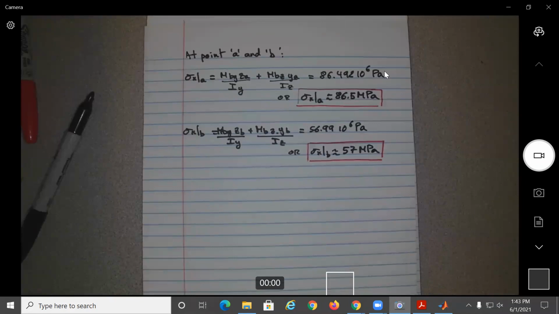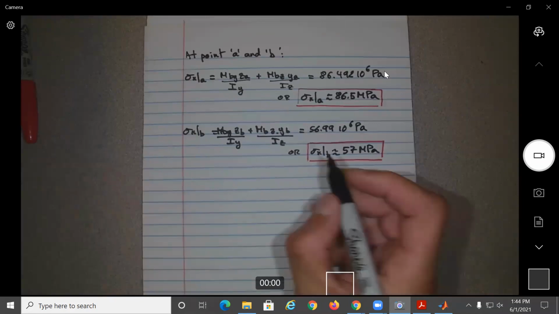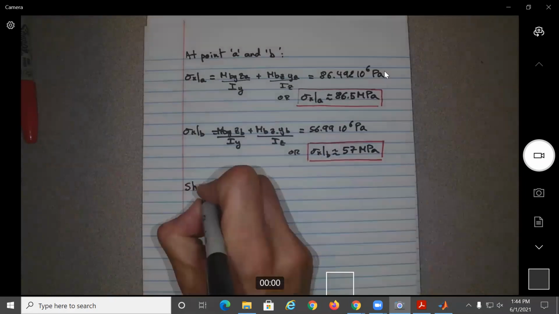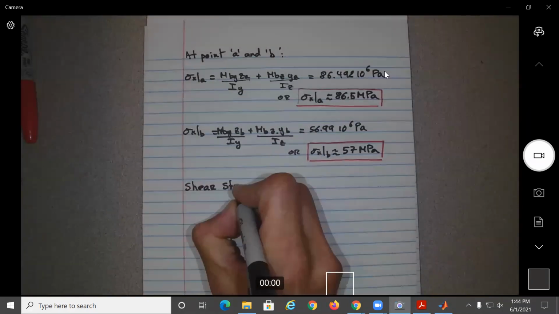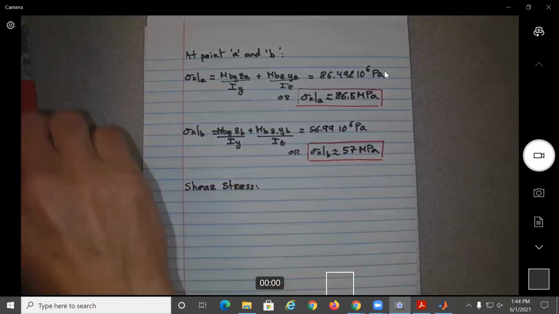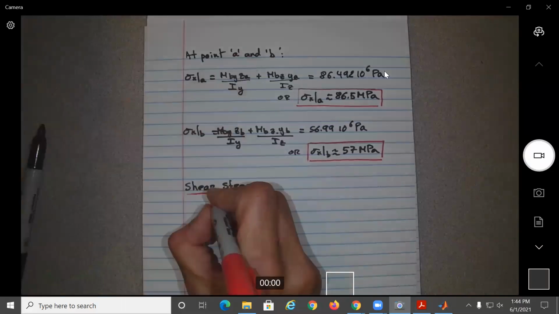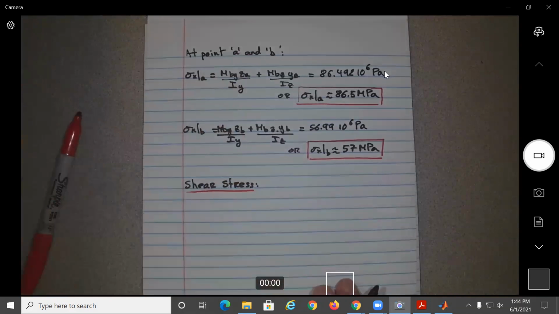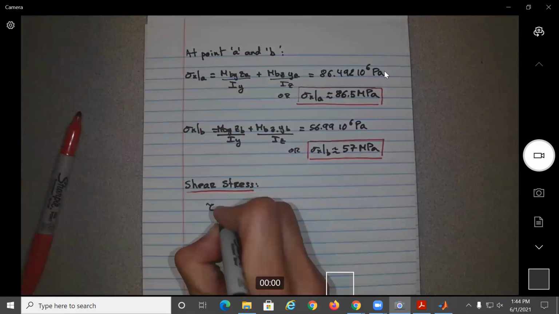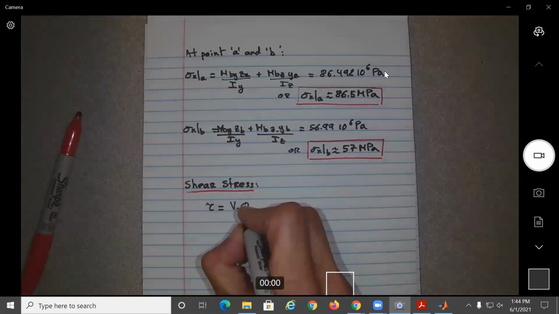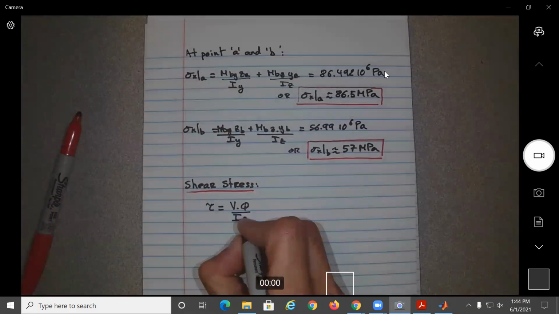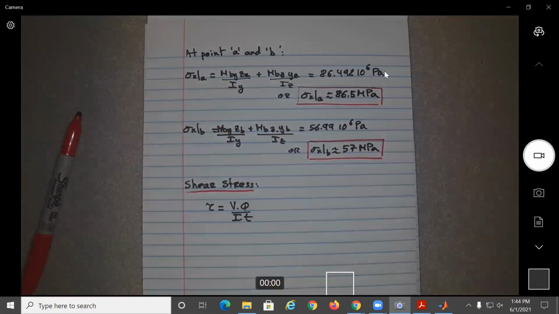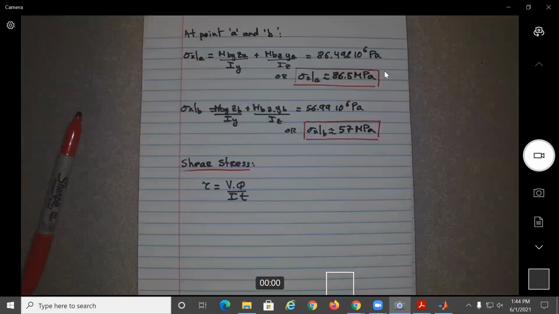All right, the next thing we need to calculate is the shear stress. So remember, this time we know that the expression for the shear stress is VQ over IT. And again, let's do a quick figure.